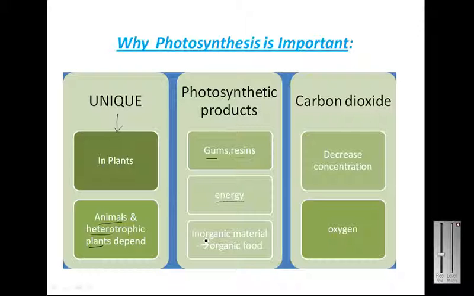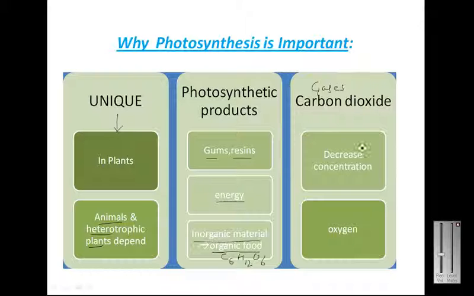This is a process in which inorganic material is changed into organic food. And we know what is organic food, that is C6H12O6. This photosynthesis process helps in balancing the gases in the atmosphere.